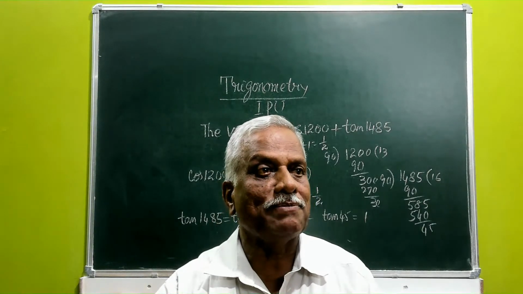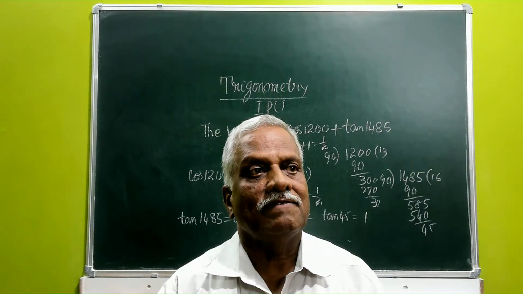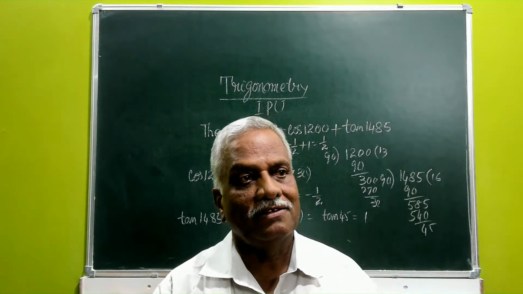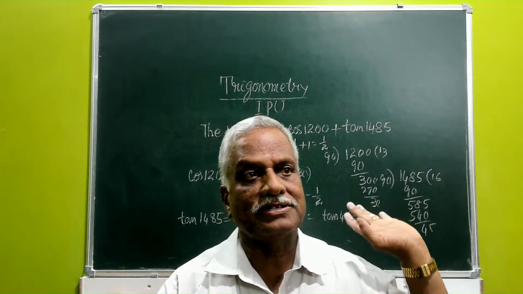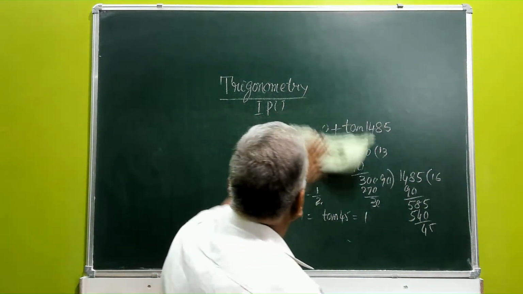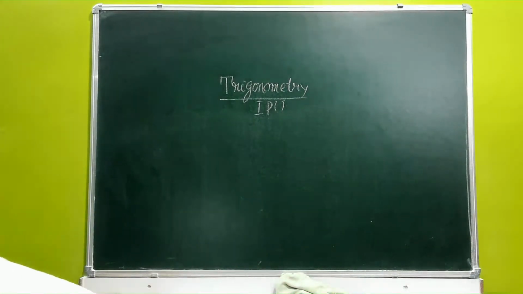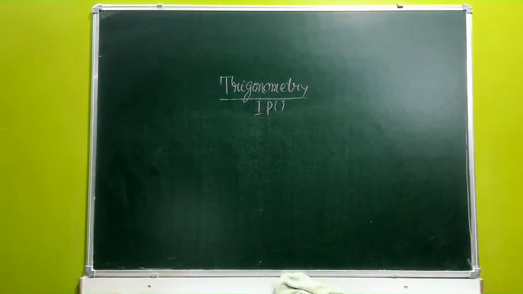Even multiple of 90 plus or minus theta, the function will not change. Sign will depend on the quadrant. For that you need to remember ASTC. So with this, we'll move on to the other formulas that we need in first year PUC trigonometry. So allied angles are over.